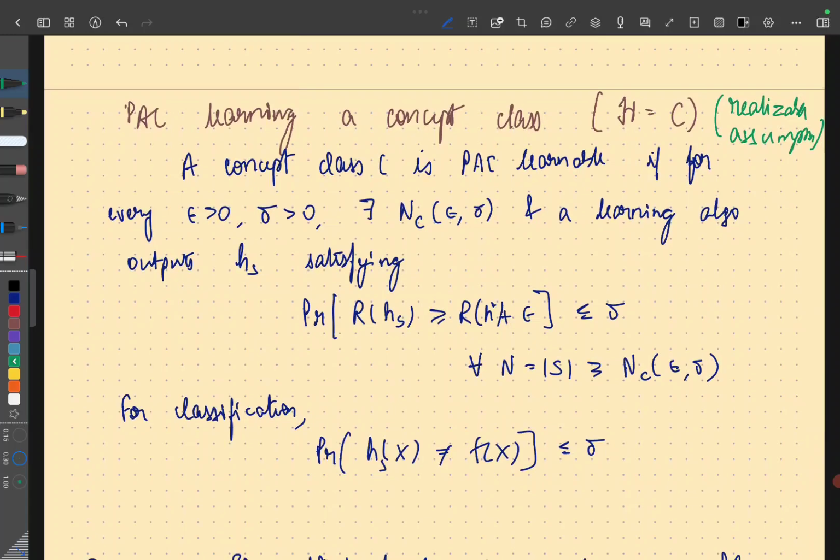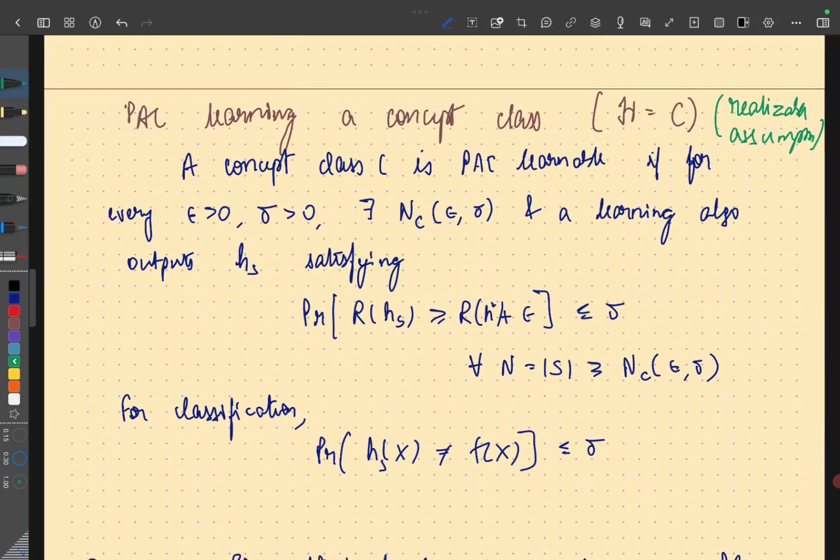Let's say that H is equal to C. Under the realizability assumption, if it's not possible to achieve PAC learning, then with that particular hypothesis class, you can't achieve agnostic PAC learning. So any hypothesis class that is not PAC learnable cannot be agnostic PAC learnable.